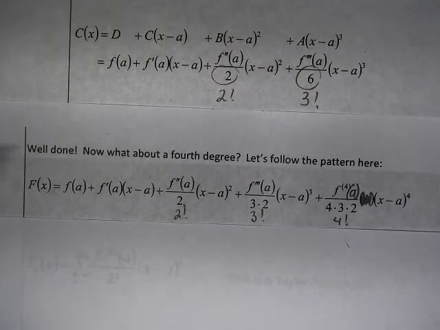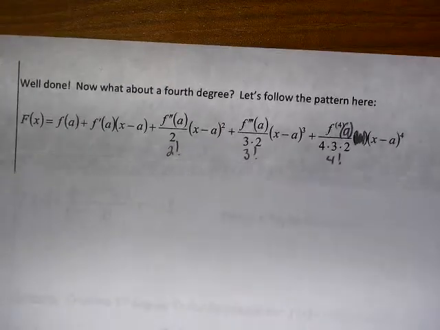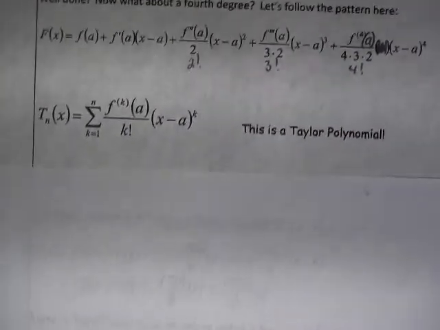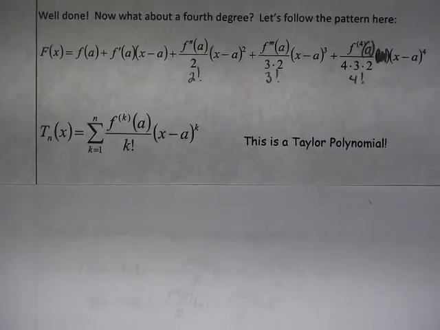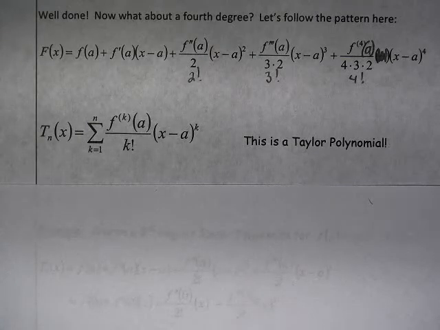All right, and now that we have the fourth degree, we can really see this pattern start to take shape. This pattern itself is a Taylor polynomial. This is how we get a polynomial approximation for any function to some degree.